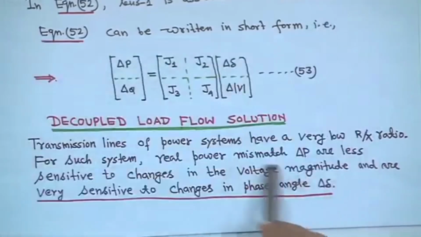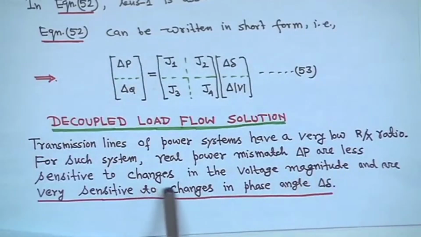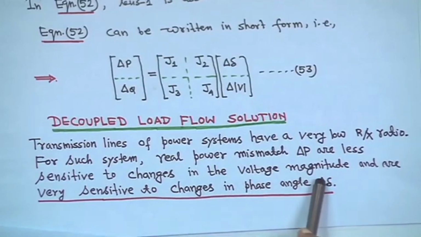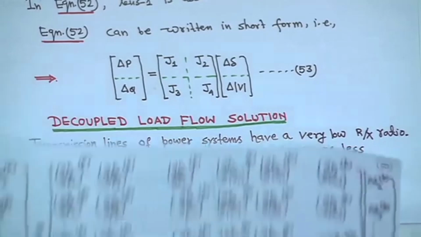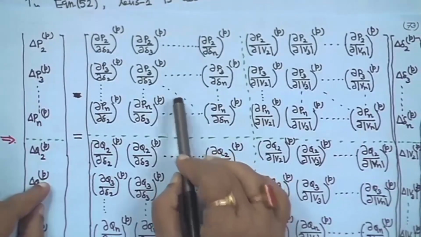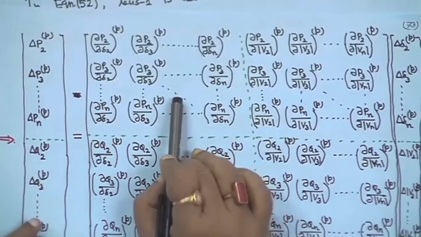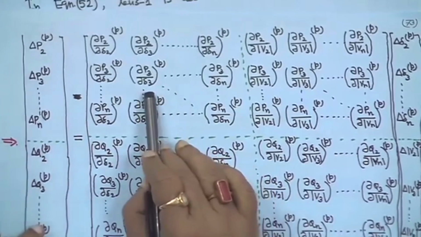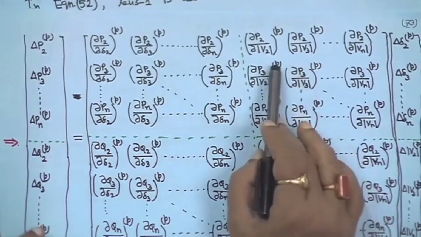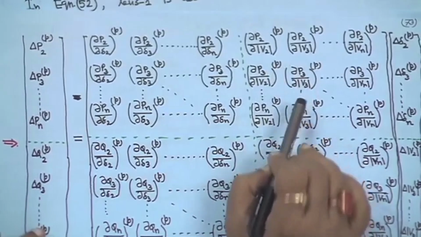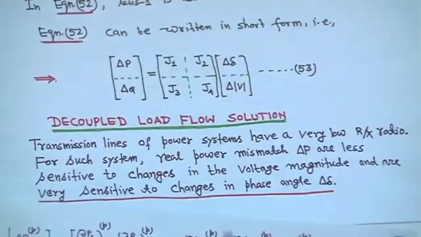Therefore, real power mismatch delta P is less sensitive to changes in the voltage magnitude and very sensitive to changes in the phase angle. These are significant, right, very sensitive to changes in phase angle, but not very sensitive to changes in voltage magnitude.